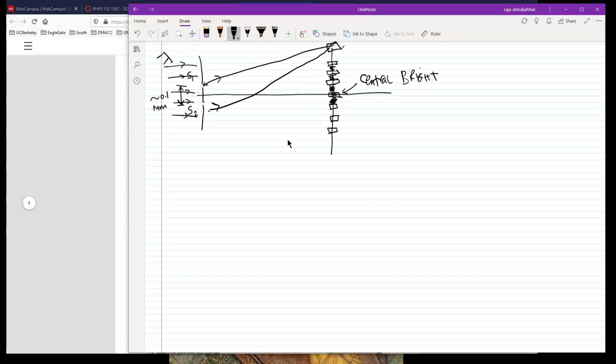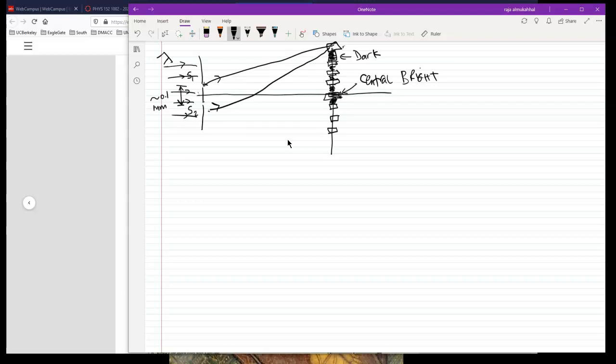If it is destructive, like the one below it right here, you will get a dark fringe or dark spot. So the central one is always bright, and then this is bright. It's not dark, and then here they oscillate from dark to bright.